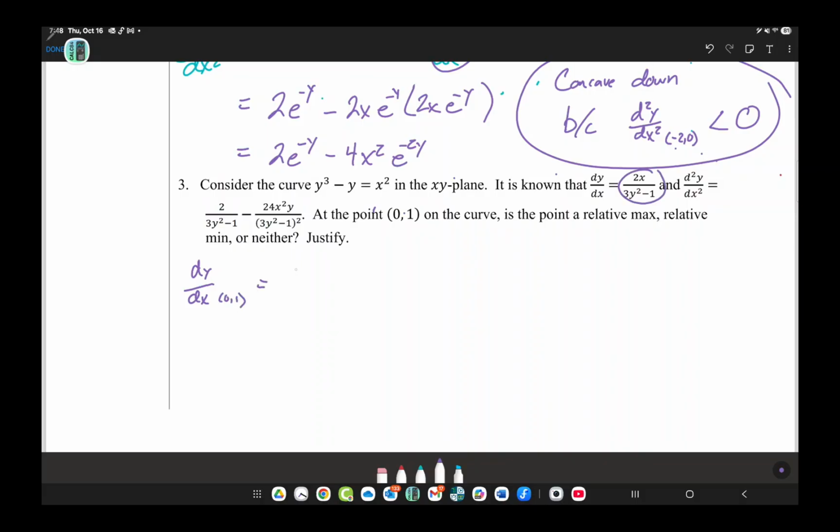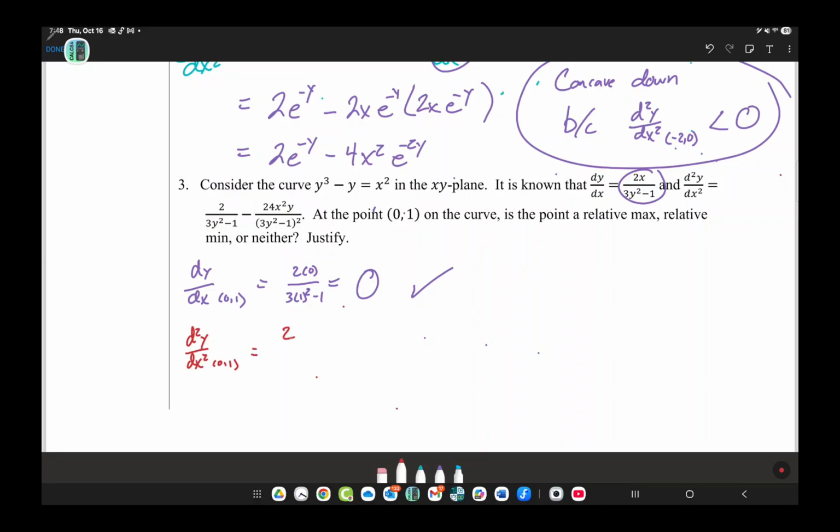We have 2 times 0 over 3 times 1 squared minus 1. Now, it doesn't really make a difference what the denominator is because 2 times 0 is 0. So therefore, it is a local extrema because dy dx at (0, 1) is equal to 0. Second part, we plug this into d squared y dx squared at (0, 1).